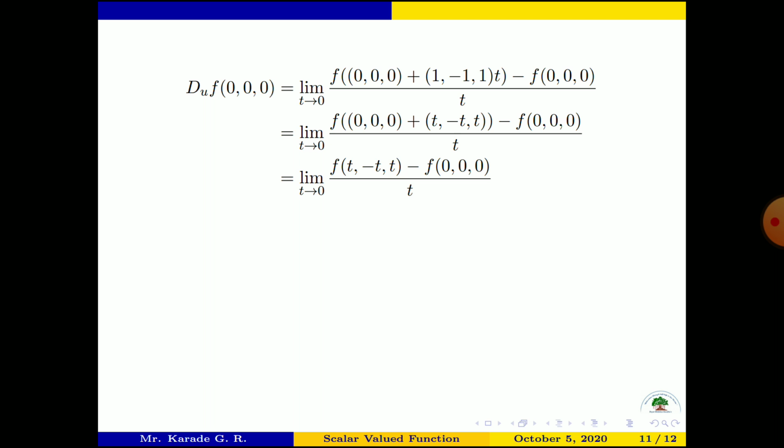In the next step we get f of t, minus t, t minus f of 0, 0, 0 divided by t.